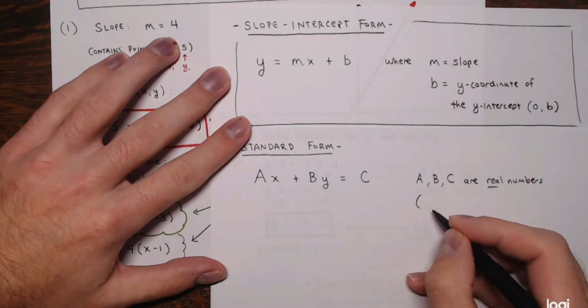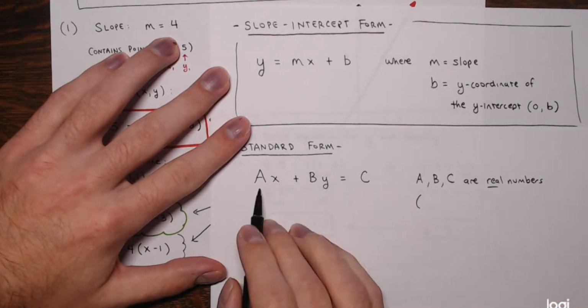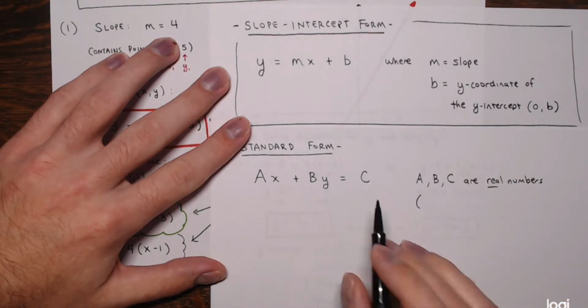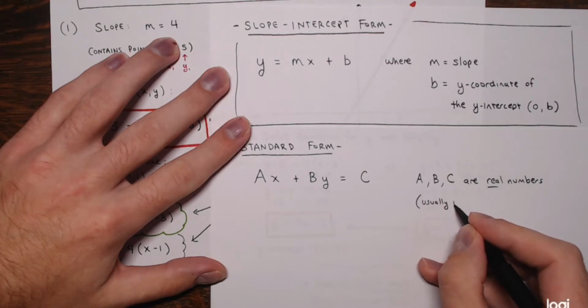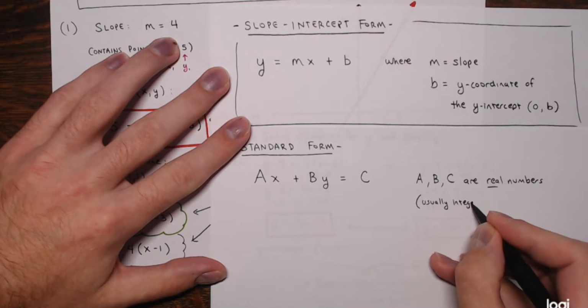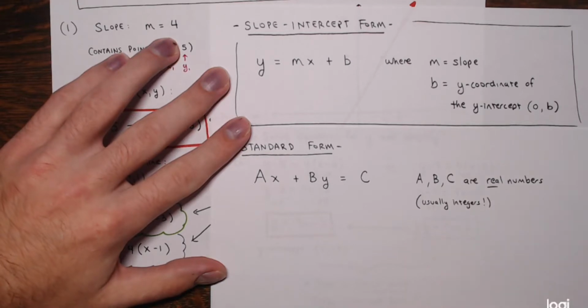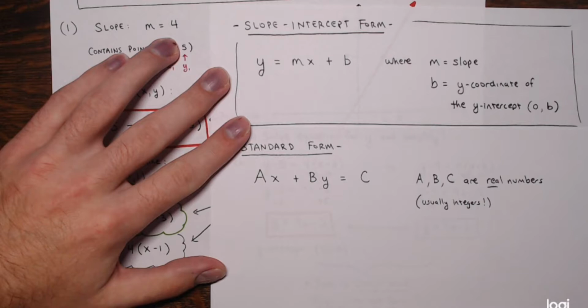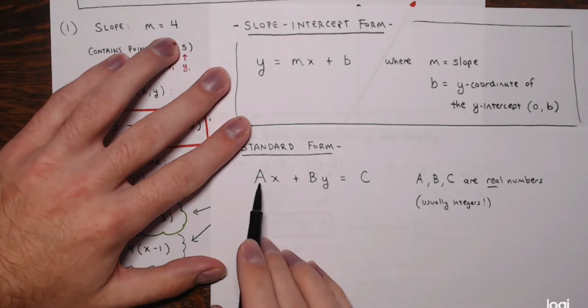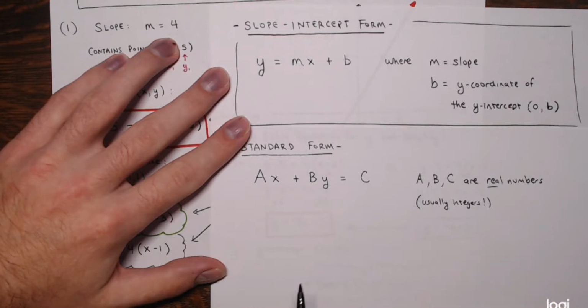In this book, they're asking you to make these into integers. Usually, in this particular text from OpenStax, they would like a, b, and c to be integers. But understand that in most books I've seen, a, b, and c are any real number at all.